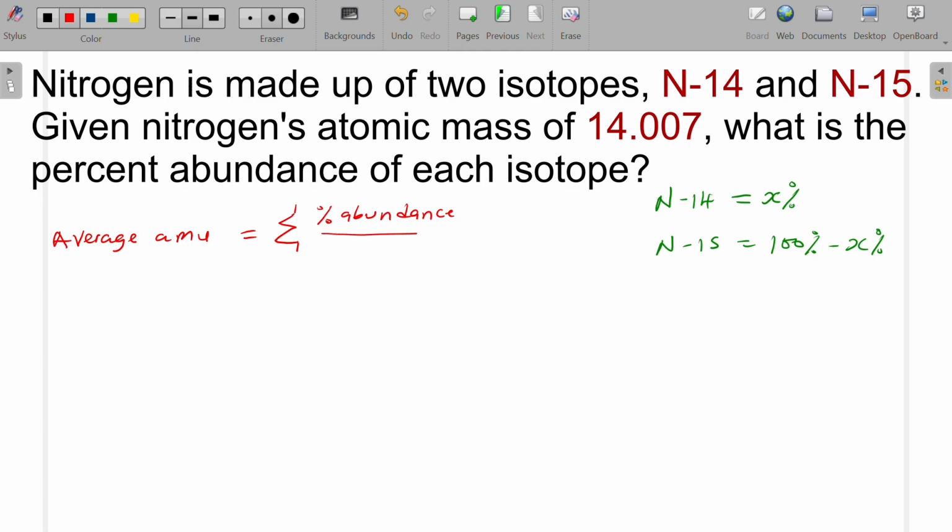Then this percent abundance is divided by 100% and then multiplied by the mass of that isotope. All right, so this is the formula we need. Let me just write that properly, this part here. So here we have mass of isotope.